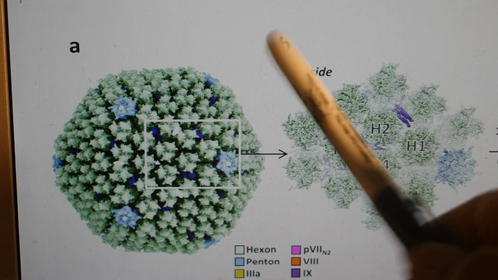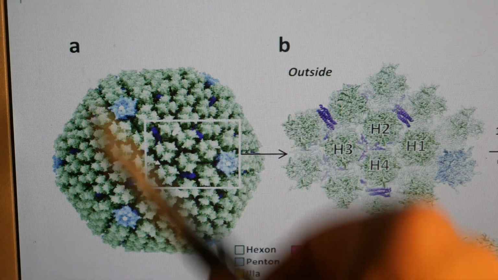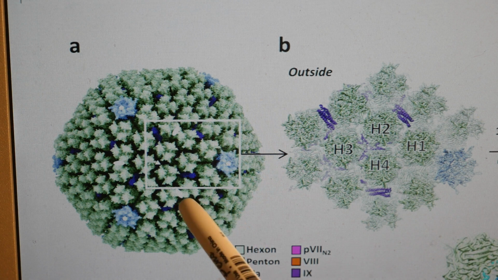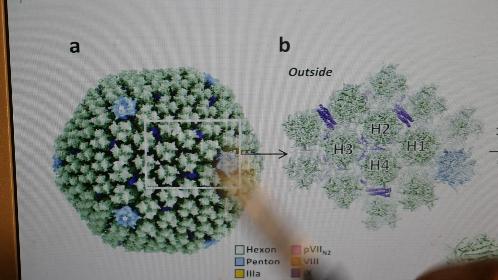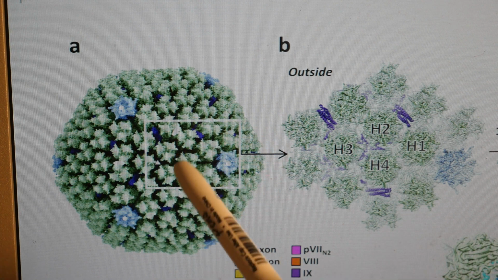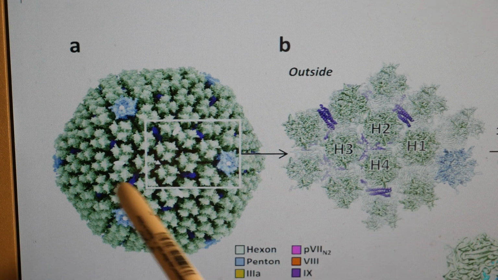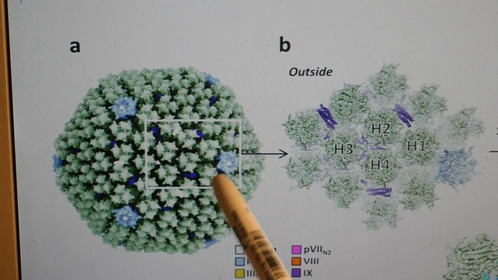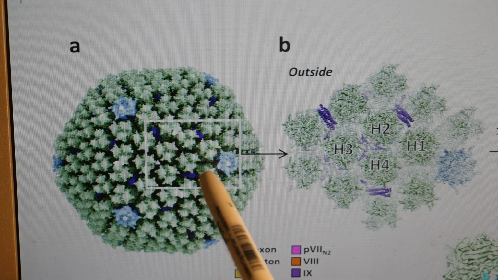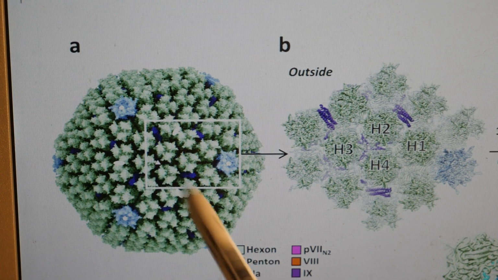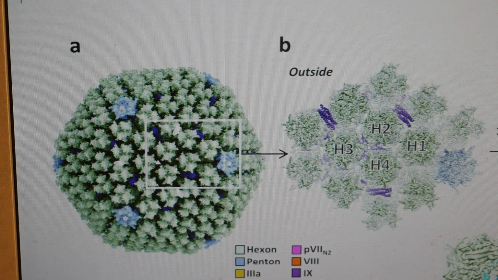So there's 720 hexon protein clusters in total, clustered in 240 trimers, and 12 trimers per face. So that's 1, 2, 3, 4, 5, 6, 7, 8, 9, 10, 11, 12. Approximately 12 per face.